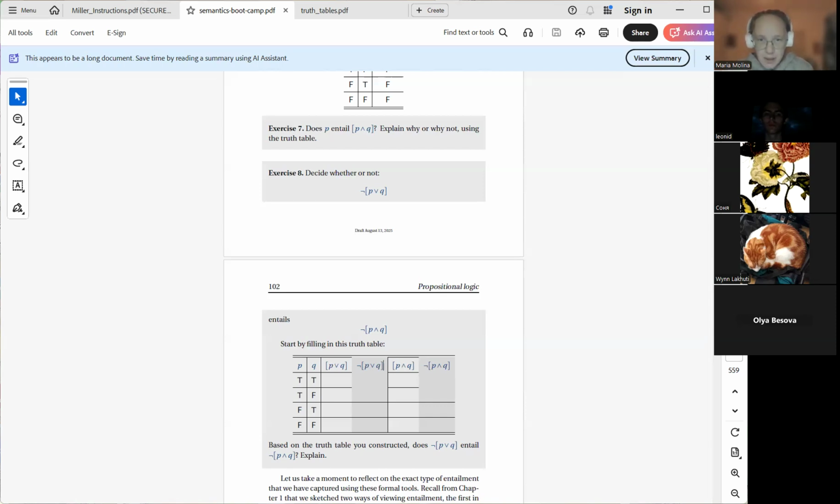Negation of P or negation of Q: either it isn't raining or it isn't windy. Double negation of P: it's not the case that it isn't raining, which means it's raining. But I do not have in my list the case that we're looking at, right?